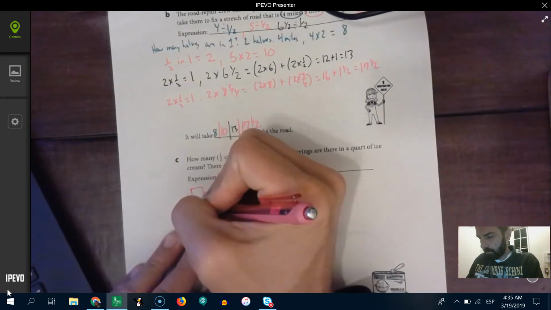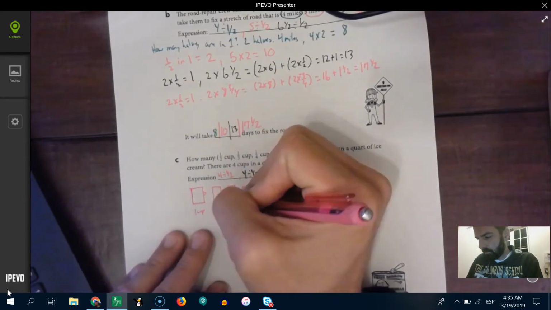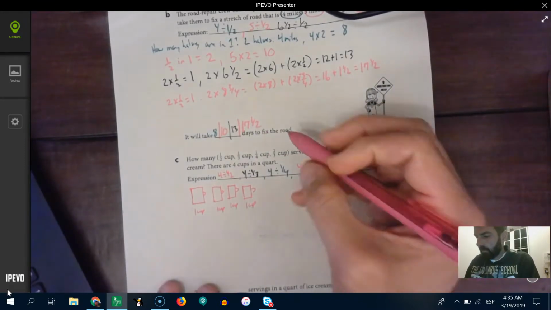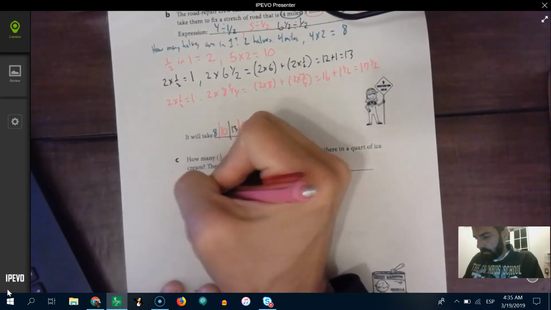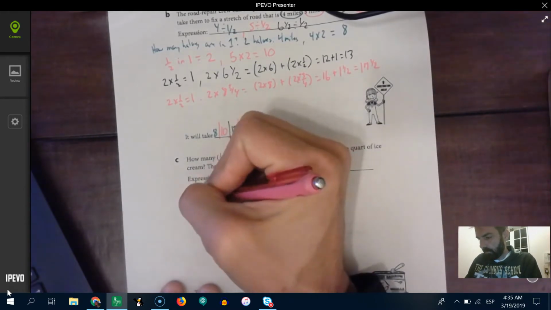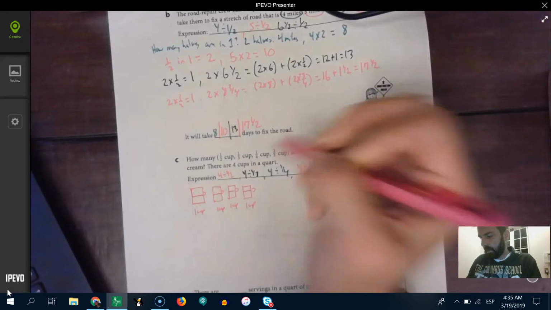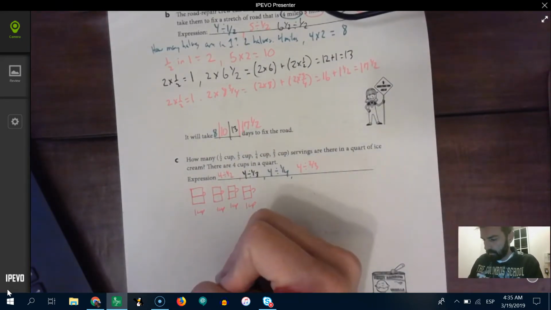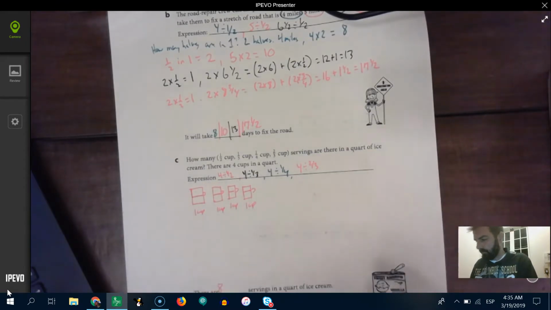This is my cup, 1 cup. If you look at the first one, it's half. There are 1, 2, 3, 4, 5, 6, 7, 8 half cups in 4. So I can do 8 servings.